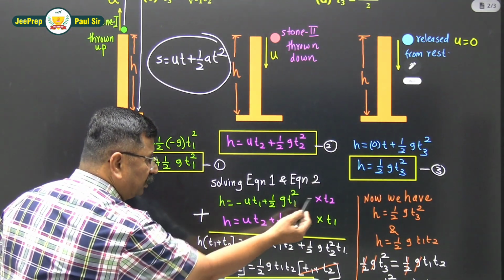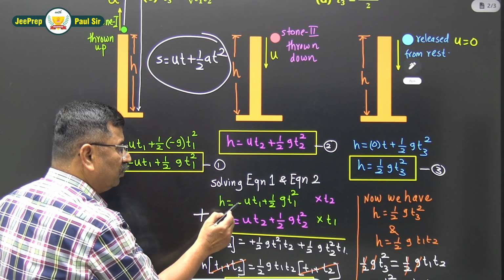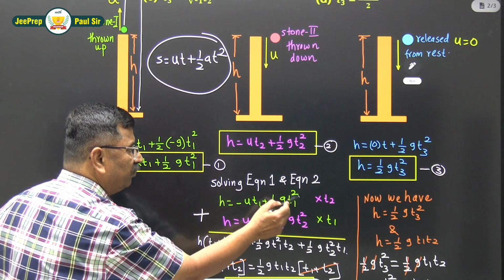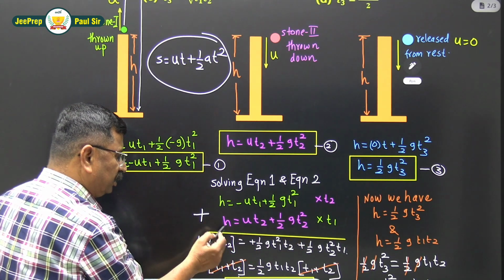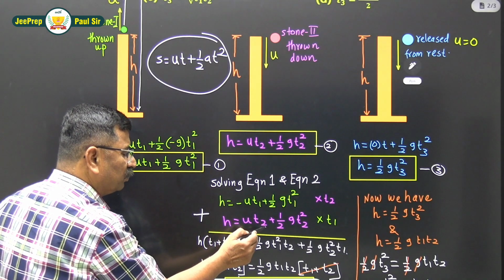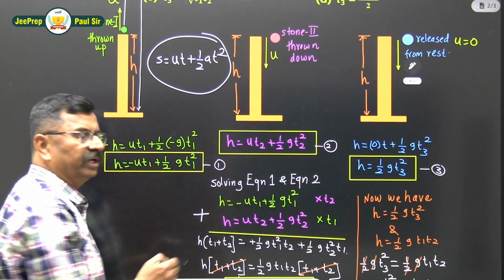So when you multiply equation 1 by t2, it will be h t2 is equal to minus ut1 t2 plus half g t1 square t2. And when you multiply equation 2 by t1, you will get h t1 is equal to ut1 t2 plus half g t2 square into t1.